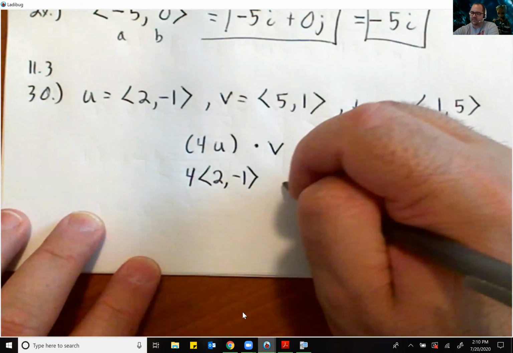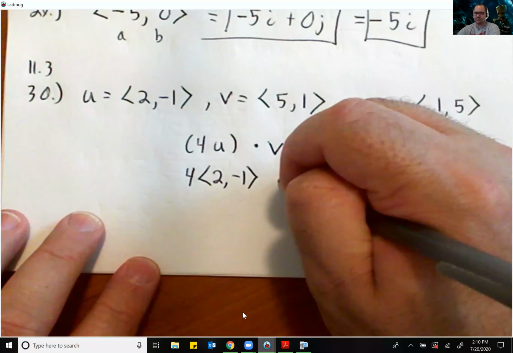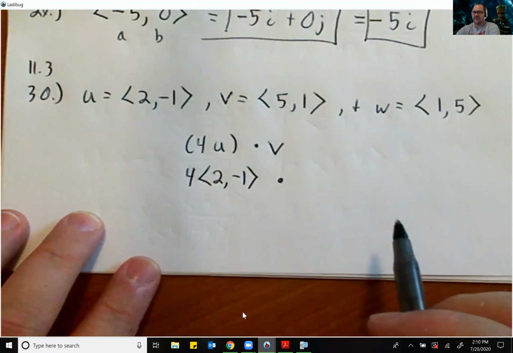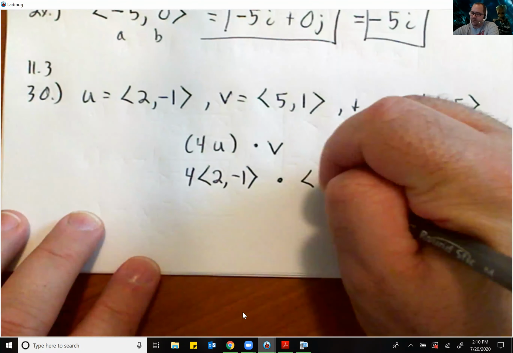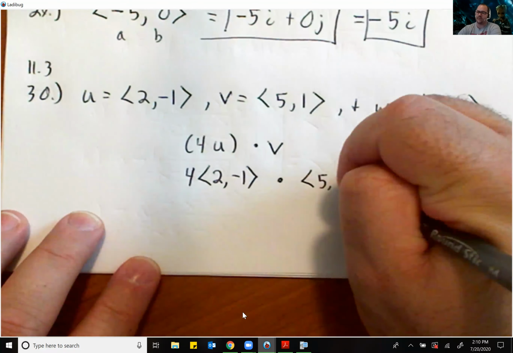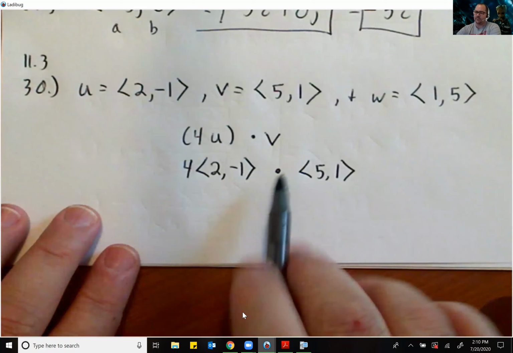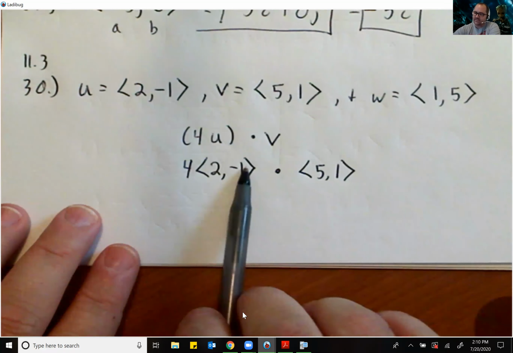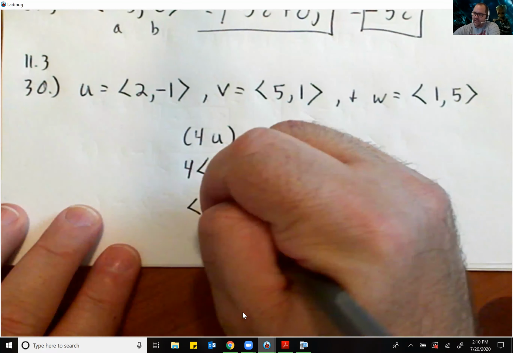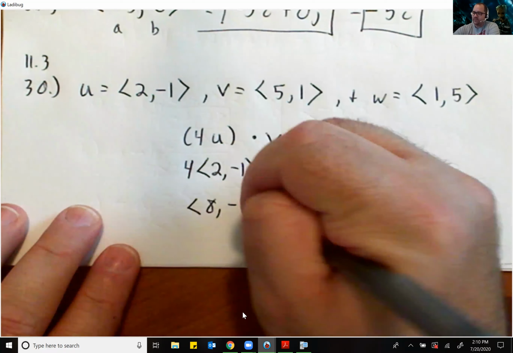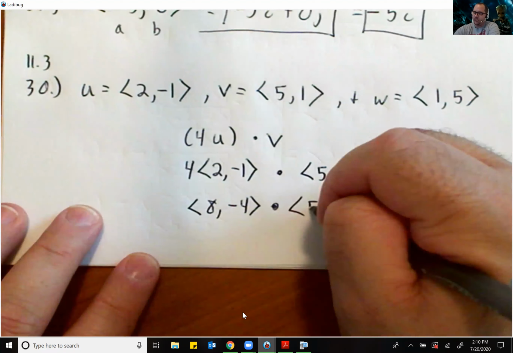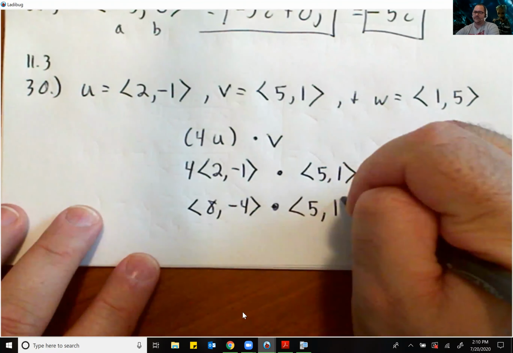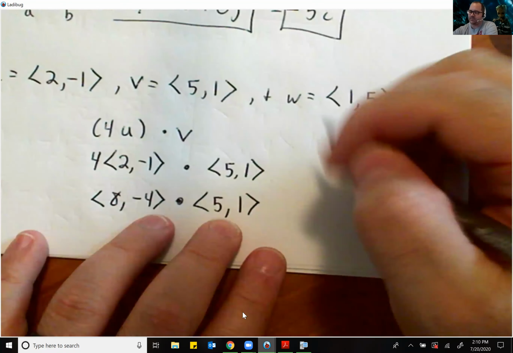And then this little piece is a dot product with V. So V is 5, 1. We'll talk about the dot product here in just a second. First, we need to multiply. So this will give us 8, negative 4, dot product 5, 1. All right, dot products. Here's how you find dot products.